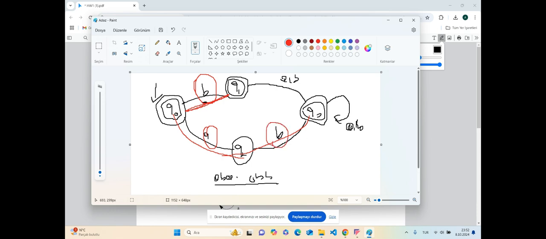These three red lines are key transitions.